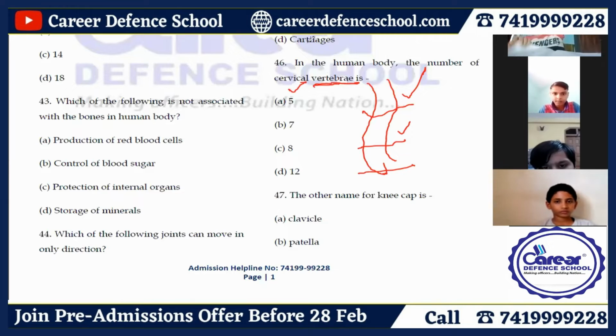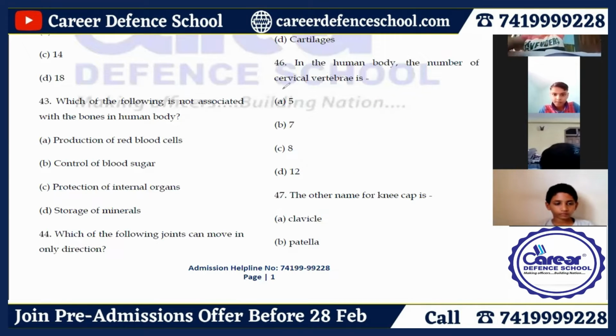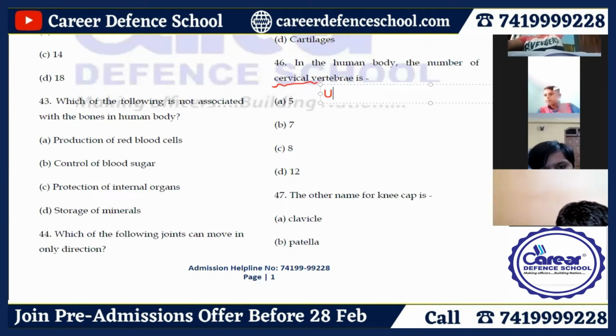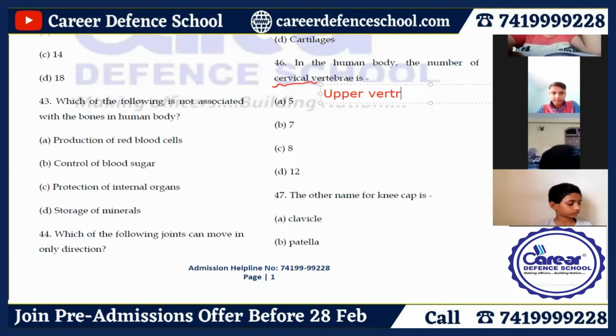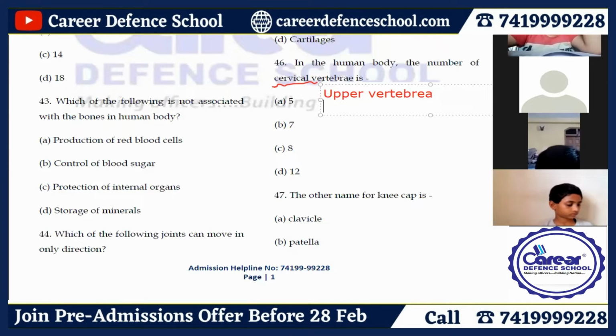Now Varun, can you tell me how many bones are in the cervical, means your upper vertebrae? 7. Very good. Write down here, upper vertebrae. It has 7 bones from C1 to C7. Basically, it is your spine.